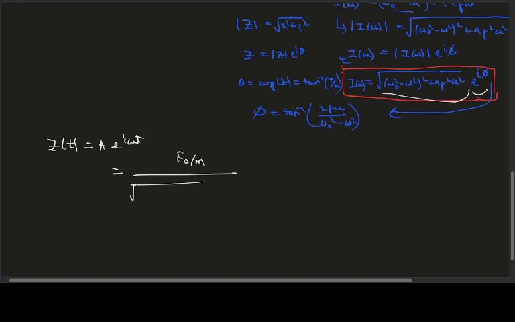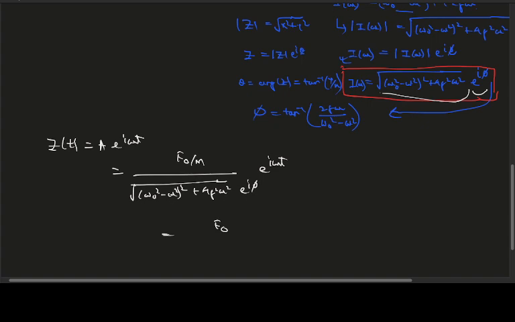The root under omega naught square minus omega square whole square plus 4 gamma square omega square, e to the power i phi. I'm not comfortable writing this tan inverse, this whole part over here, so I'm just writing phi, and we have e to the power i omega t here.